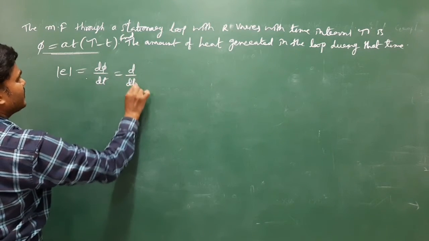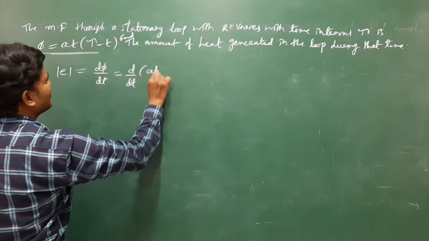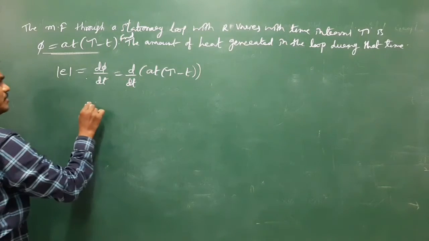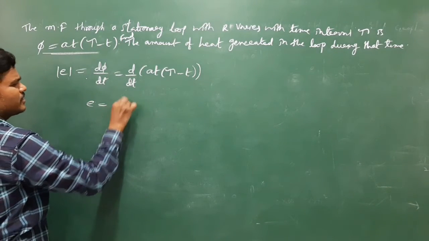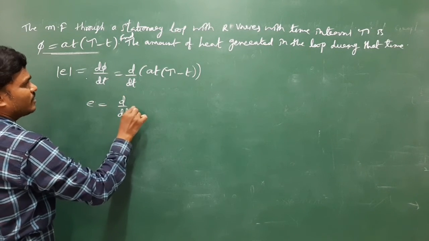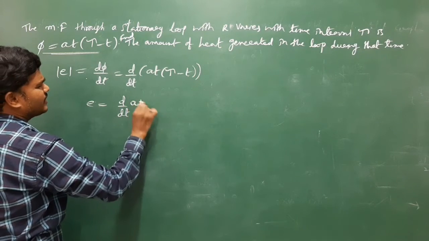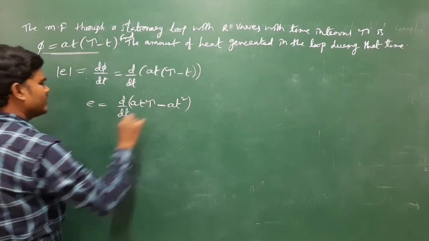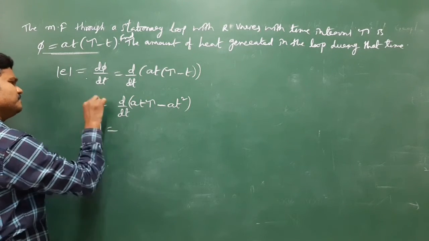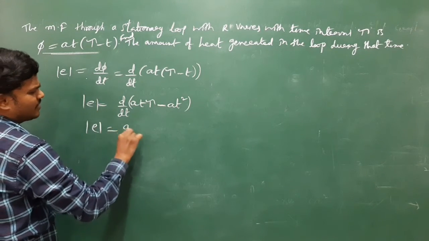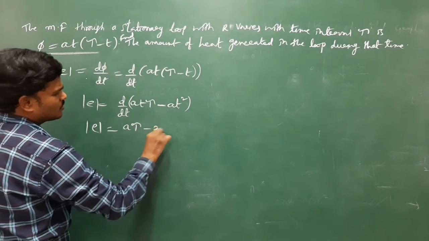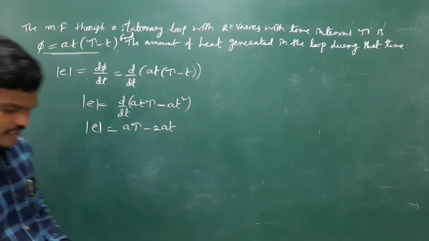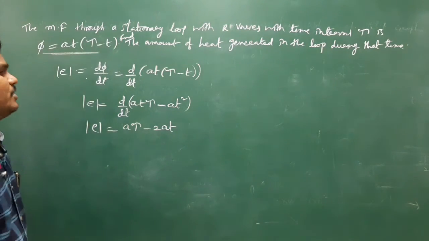So EMF is d by dt of a t tau minus a t square. Then the EMF is clear: it is a tau minus 2 a t.